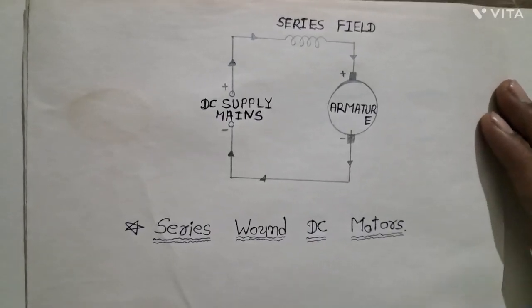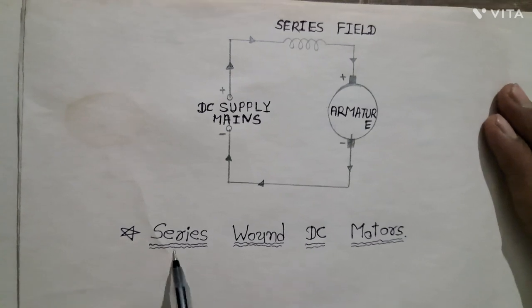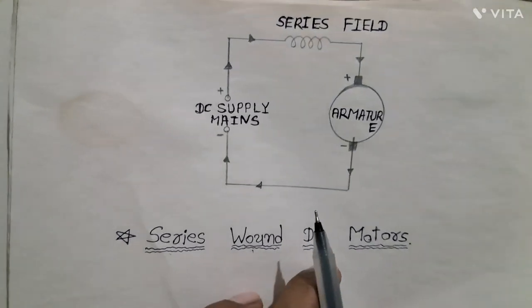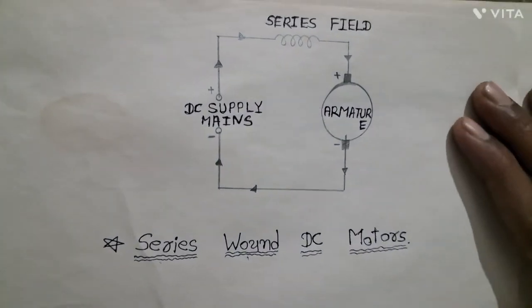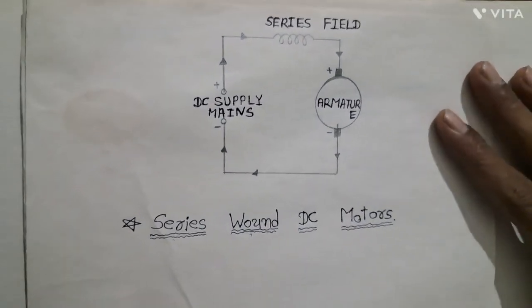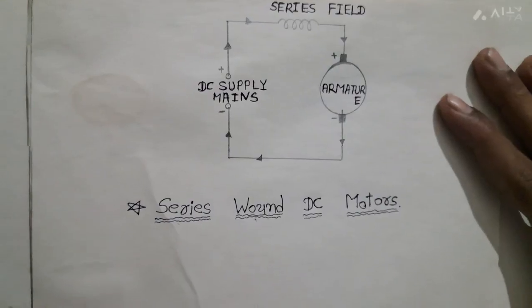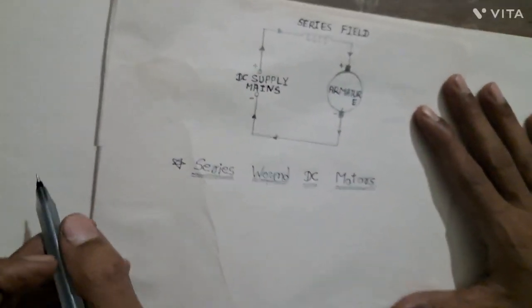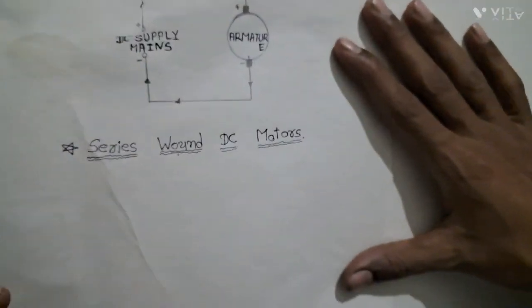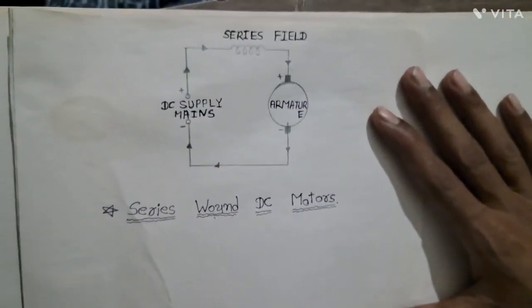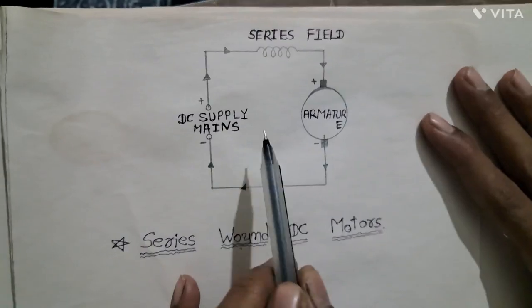The next motor is the series wound DC motor, and here is a simple figure. The theory is, as the name implies, the field coils consisting of few turns of thick wire are connected in series with the armature, as shown in the figure.